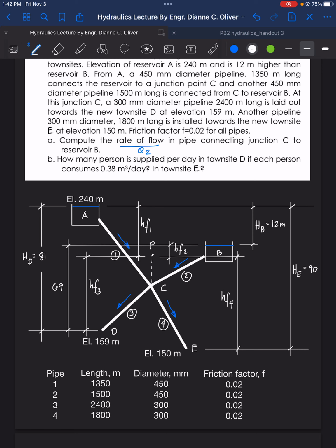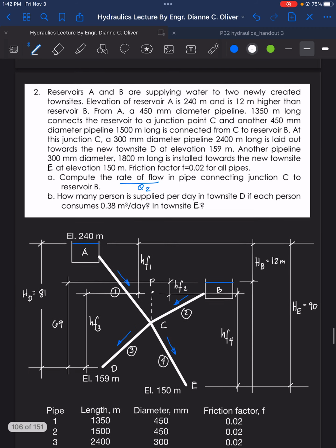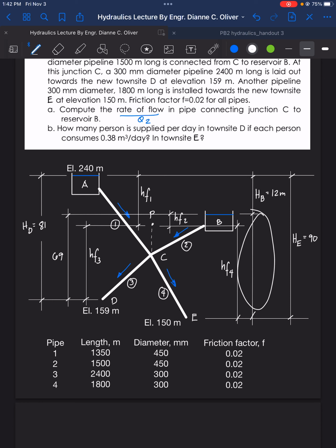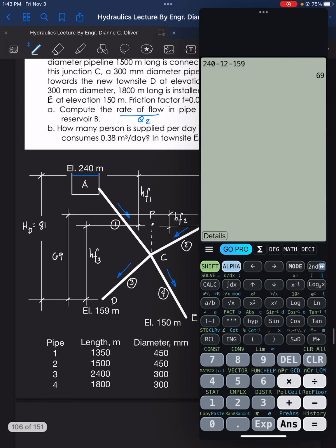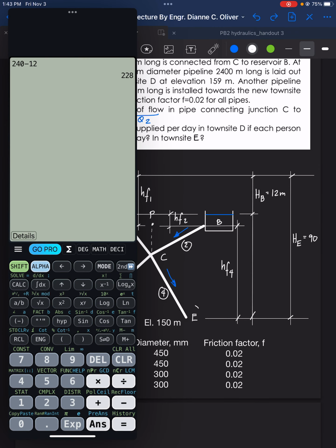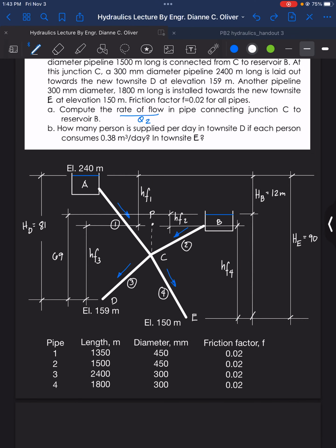And what else? This measurement here is actually 240 minus 12 minus the elevation of E, minus 150. That is 78 meters. Yes, I think we're complete already.